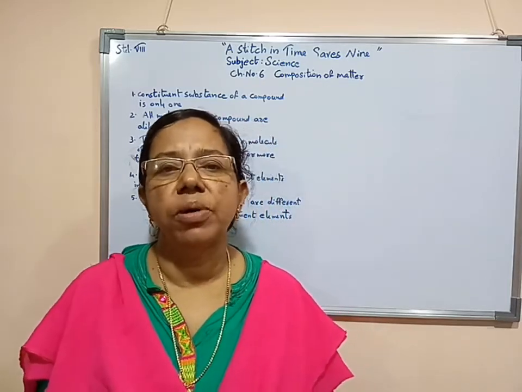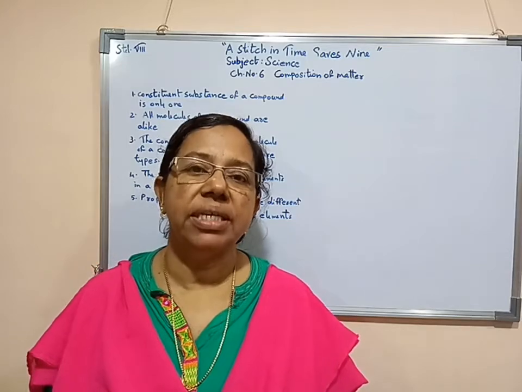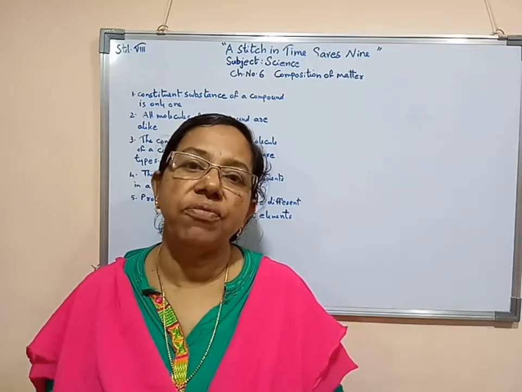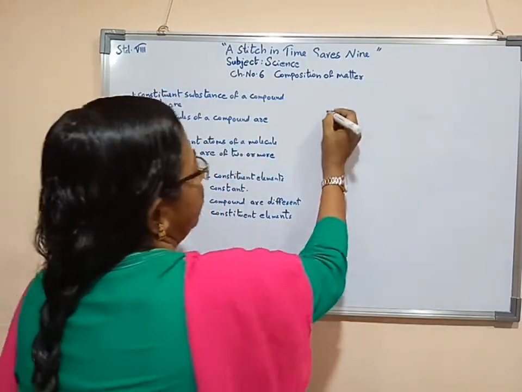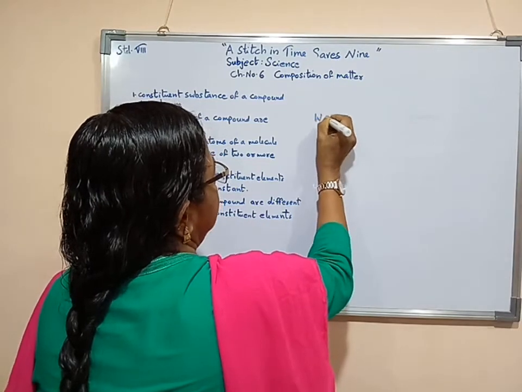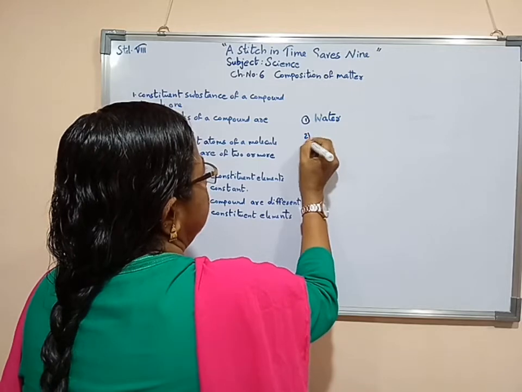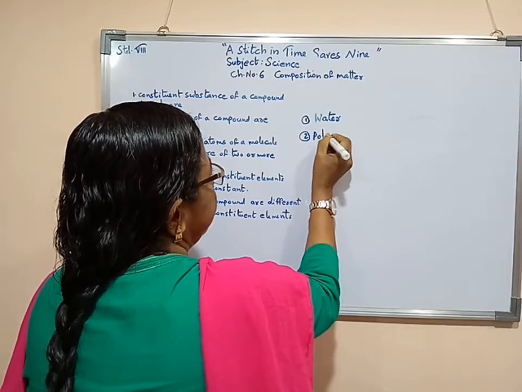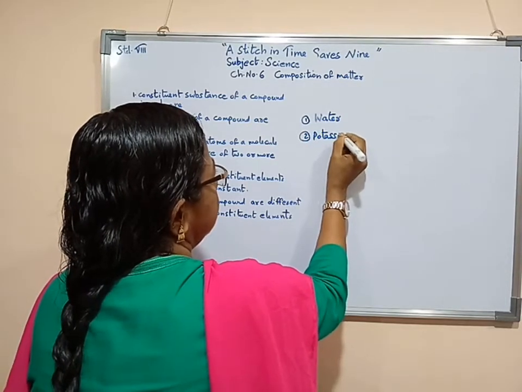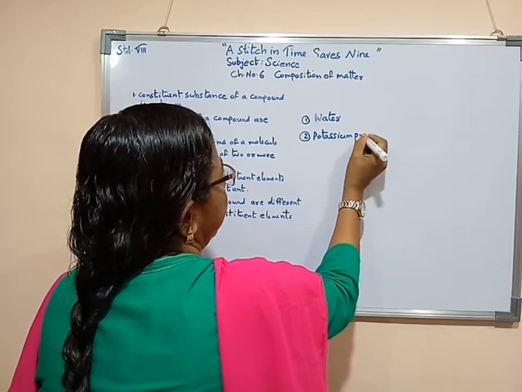Now we will study the characteristics of compounds. Before studying the characteristics of compounds, we will study a few examples of compounds. First one, water. Second one, potassium permanganate.